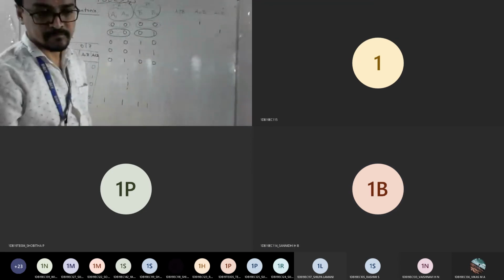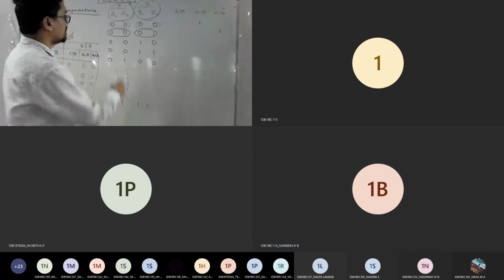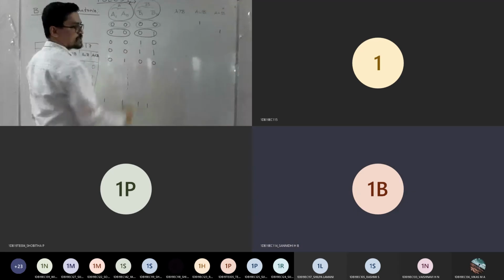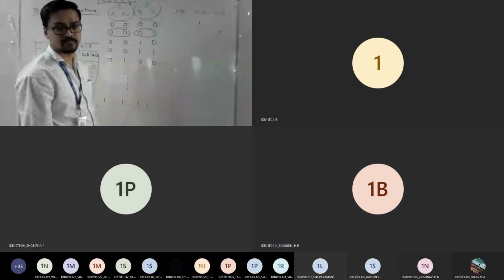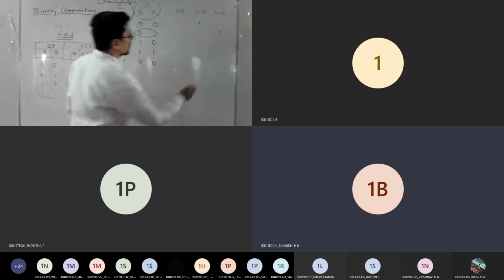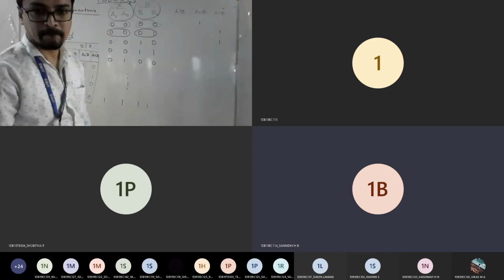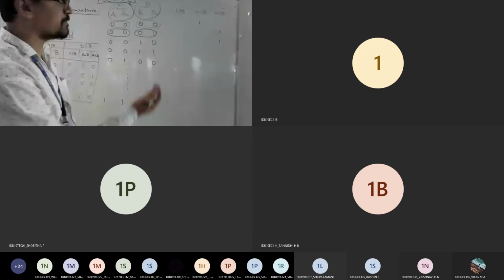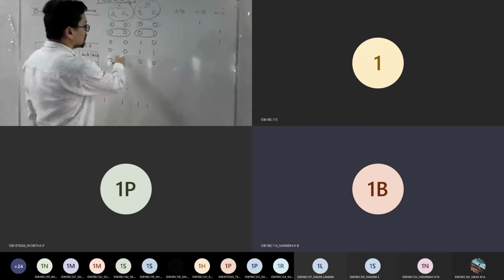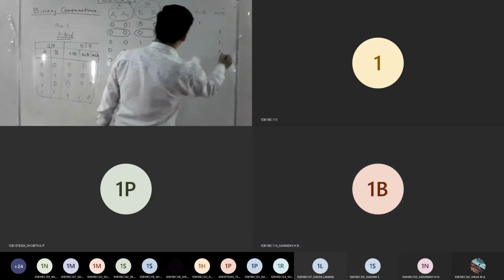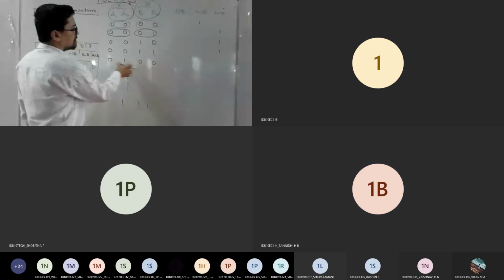Understood? Yes, sir. So similarly, 0 0 1 0. Again, which one? Less only. So I'll write 1 here. So like this, you complete the table. Again 0 0 1 1 combination, again here also 1. Now you can look here, 0 1 0 0.